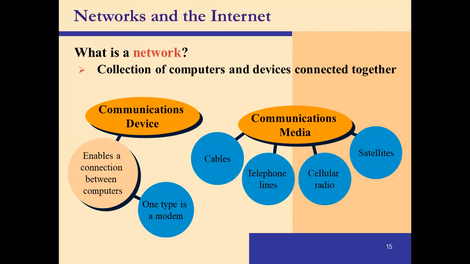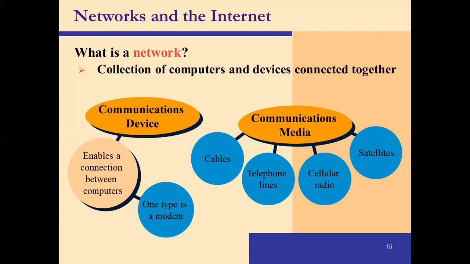Okay, now communication media. Media is basically anything that enables you to communicate with one another. We are communicating right now through the internet. The internet is connected through wires, cables, telephone lines, cellular radio, wireless, any wireless device that connects people with one another through a network using a medium, that is cellular waves, radios, satellite.